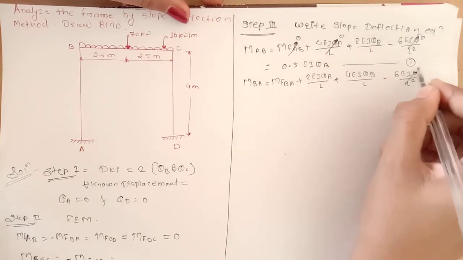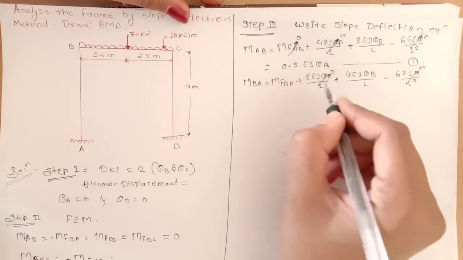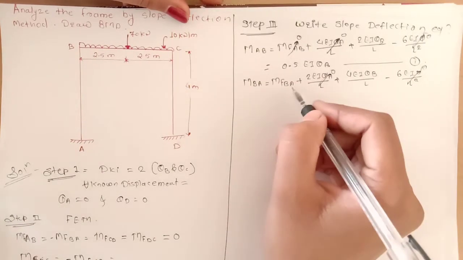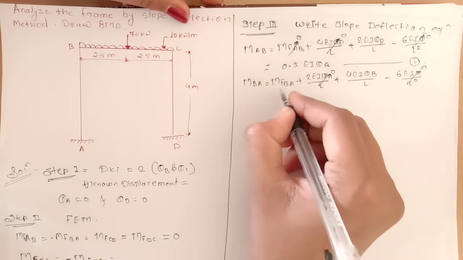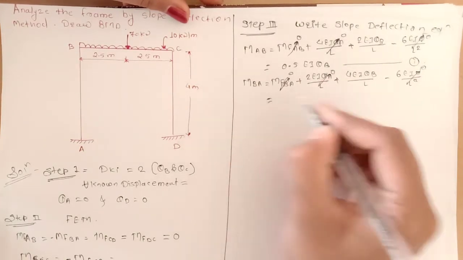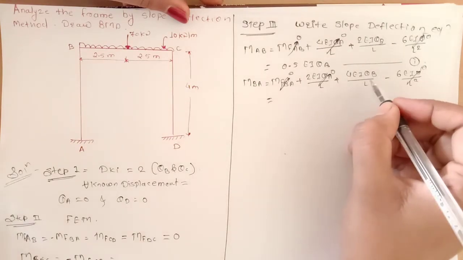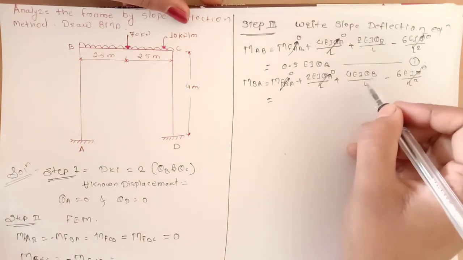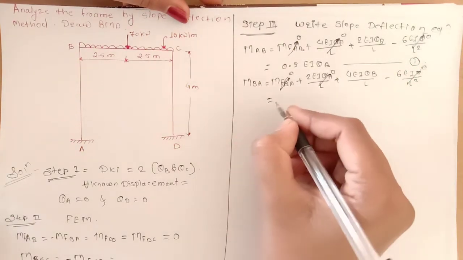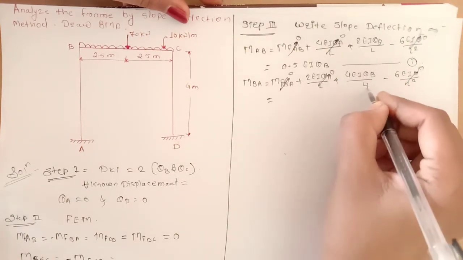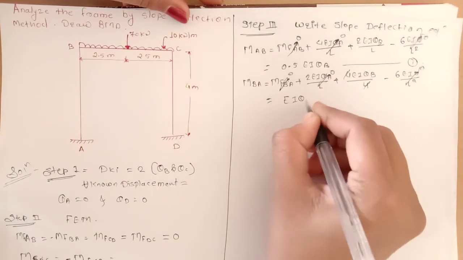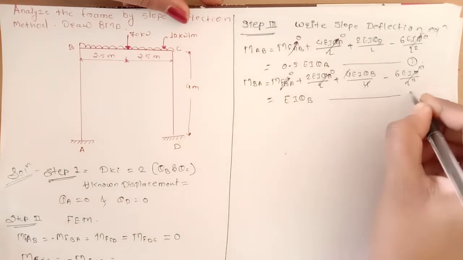Here the delta term is 0, the theta A term is 0, and the fixed end moment for member BA is also 0. So the remaining term is 4EI theta B divided by L. L is 4 meter, so the 4 cancels. The answer is EI theta B. This is equation number 2.